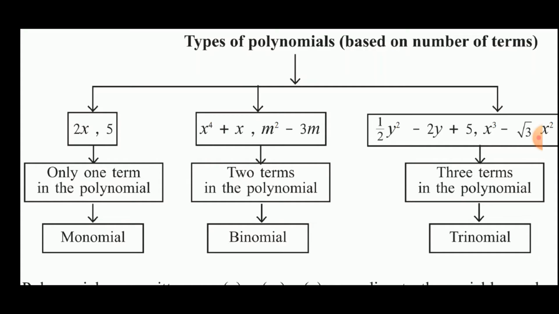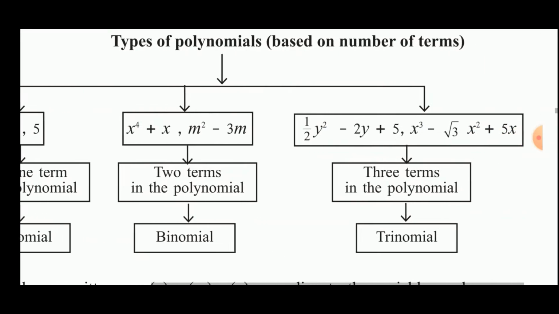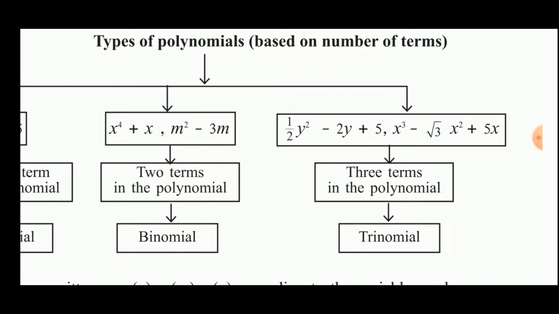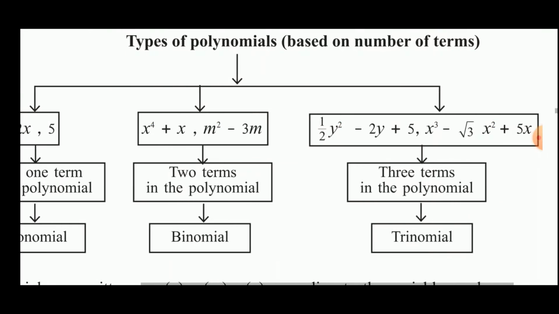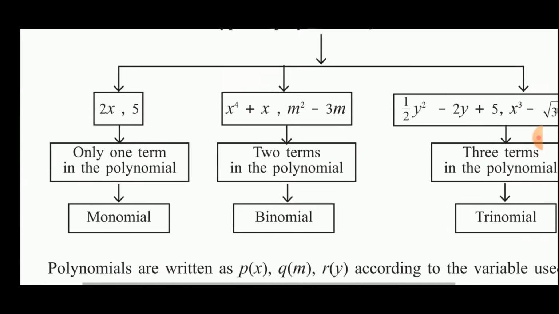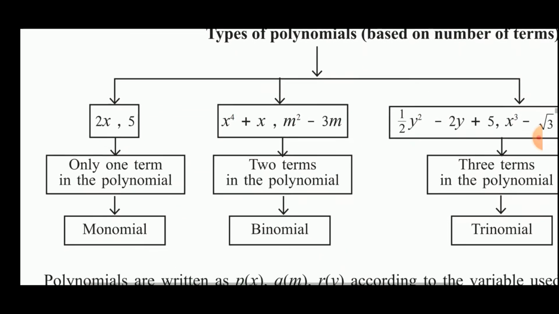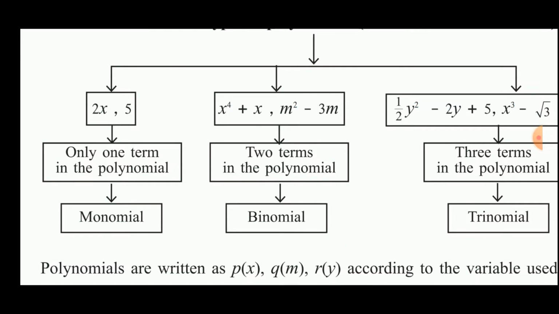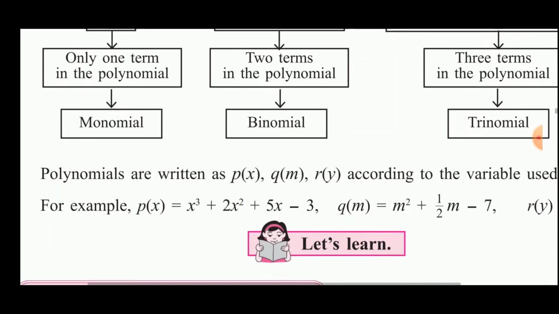Then y square minus 2y plus 5, and x cube minus root 3 x square plus 5x. There are three terms in the polynomial, so they are called trinomials. So based on the number of terms, we have three types of polynomials: monomial, binomial and trinomial.